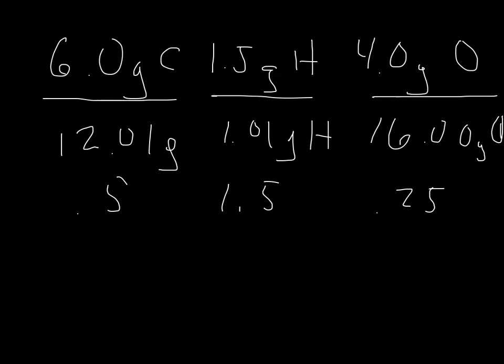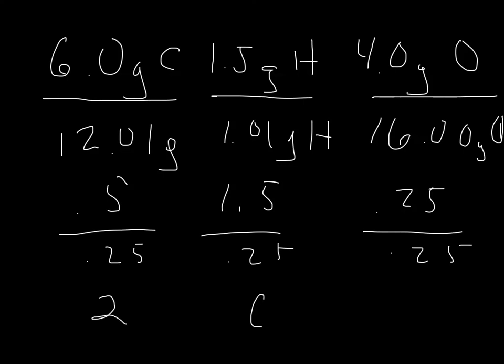Of course, we want to simplify that because we know the subscripts cannot be fractions. They have to be whole numbers. So we're going to divide each by the smallest of the 3. And obviously this is a 2. This turns out to be a 6. And this turns out to be a 1. So the whole number ratio of carbon to hydrogen to oxygen is 2 to 6 to 1.